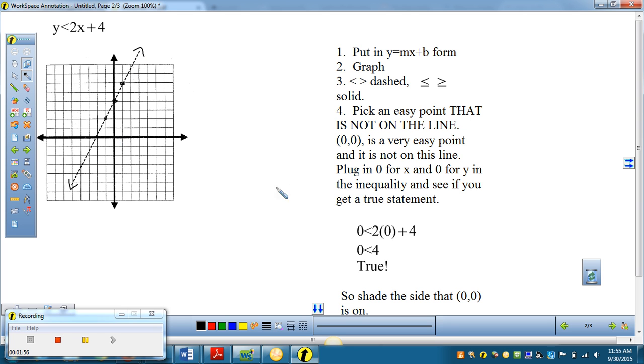0, 0 is not on the line, so I will plug 0 in for x and 0 in for y, and I want to see if I get a true statement. So y is less than 2 times 0 plus 4. 0 is less than 4. Well, 0 is less than 4, so that's true. So the side that has 0, 0 on it is the true side, and that is the side that we would shade.